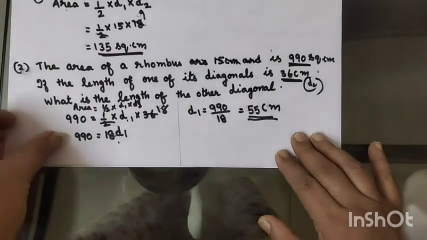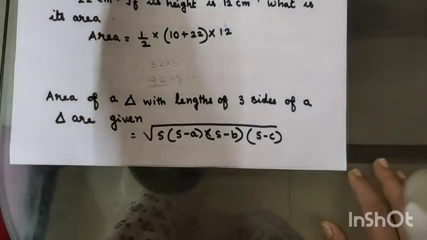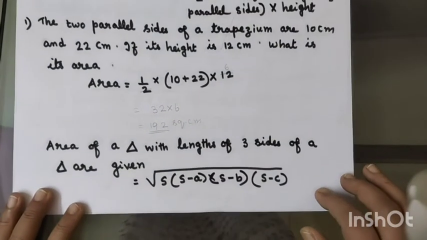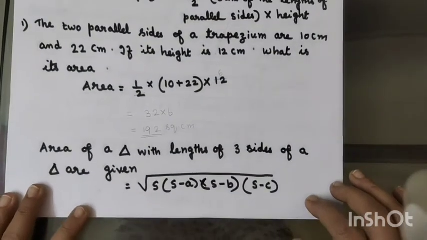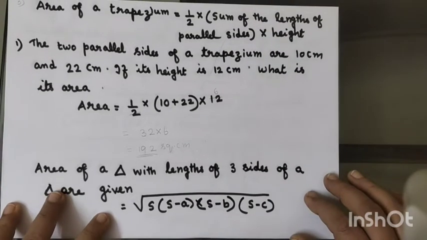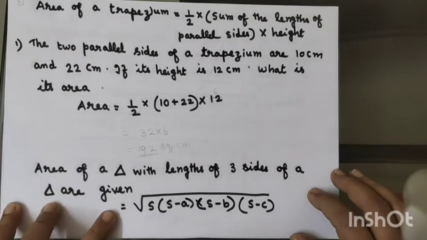We will do the next one, area of a trapezium. Now, children, repeat with me. Area of a trapezium formula: half into sum of the length of the parallel sides into height.